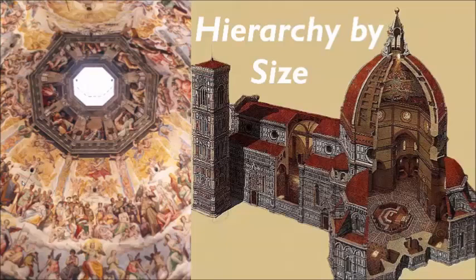When we look at the dome in relation to other parts of the building, even though there's a significant tower on the left hand side, the size and shape of the dome really overwhelms everything else going on in the structure.